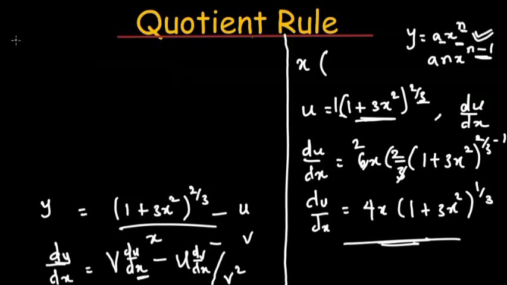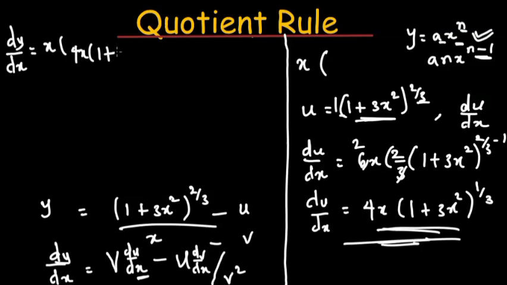And so my dy/dx is equal to v, which is x, multiplied by du/dx, which is what we have here, 4x multiplied by (1 plus 3x squared) to the power 1 over 3.